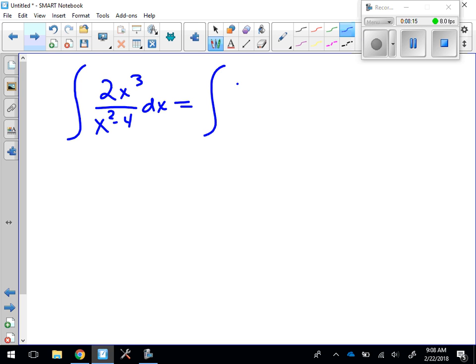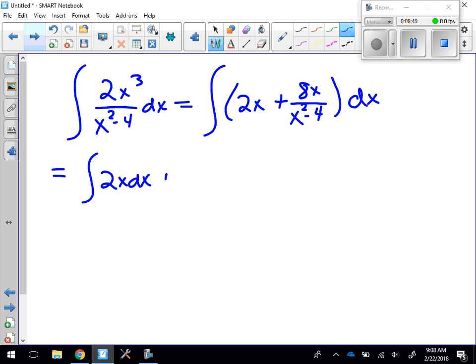This is going to become the integral of 2x plus 8x over x squared minus 4 dx. And remember that integration, like differentiation, distributes. Okay, so this is really two integrals. It's the integral of 2x dx plus the integral of 8x over x squared minus 4 dx.